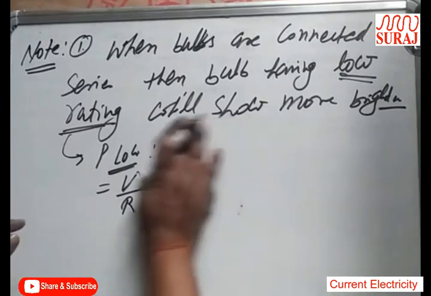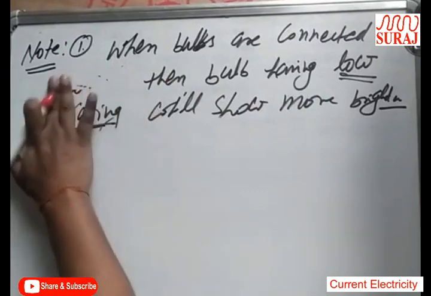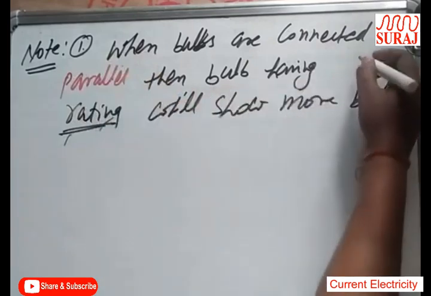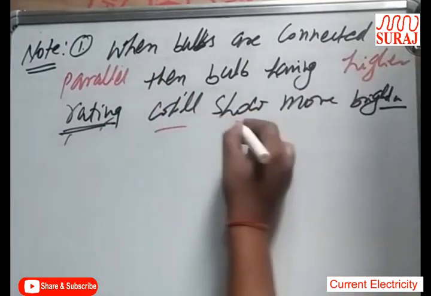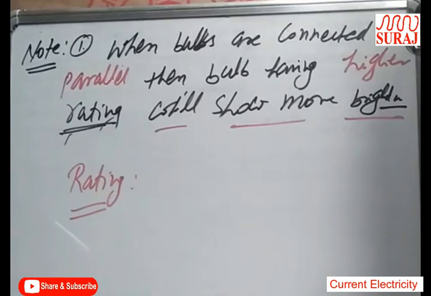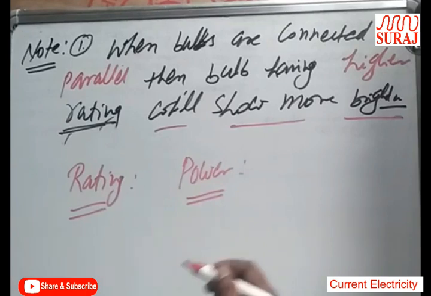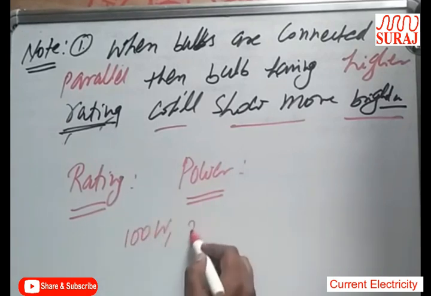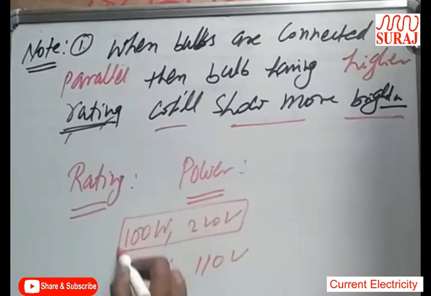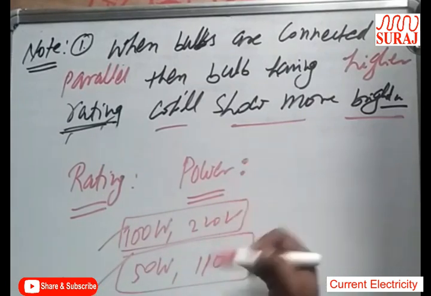Now for the same discussion, when the bulbs are connected in parallel, the bulb having higher rating will show more brightness. Higher and lower rating can be distinguished from the power. But if in the rating they have given 100 watt, 220 volt and 50 watt, 110 volt, where the power as well as the voltage are both different, how should we distinguish which one will show more brightness?